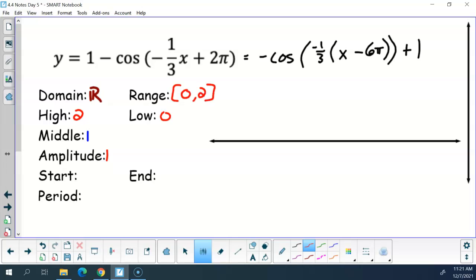Okay. Start. Where's my start? 6. Period. 6 pi also, because it's 2 pi divided by 1/3, which is, keep change flip, 6 pi. Which means my end is at 12 pi.